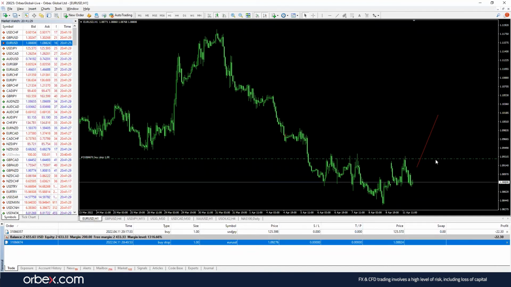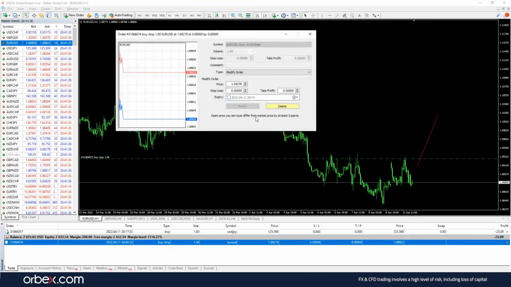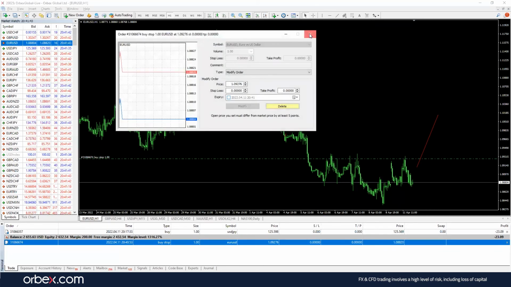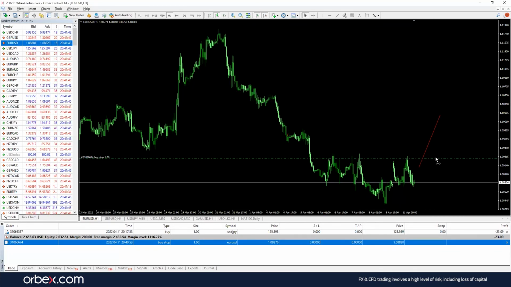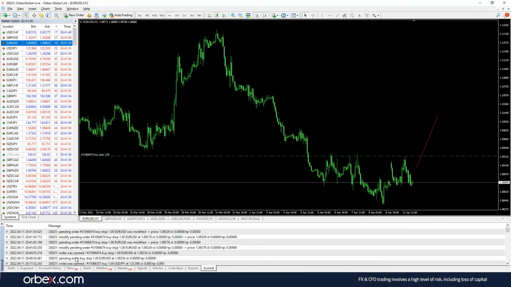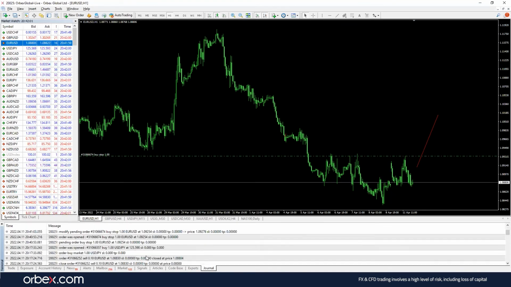And as you just saw, you can modify it by right-clicking and going to modify or delete order, which lets you put in a new price or delete it. Or you can click once, drag it up or down, and move it higher or lower. In your journal, it will give you the information here.